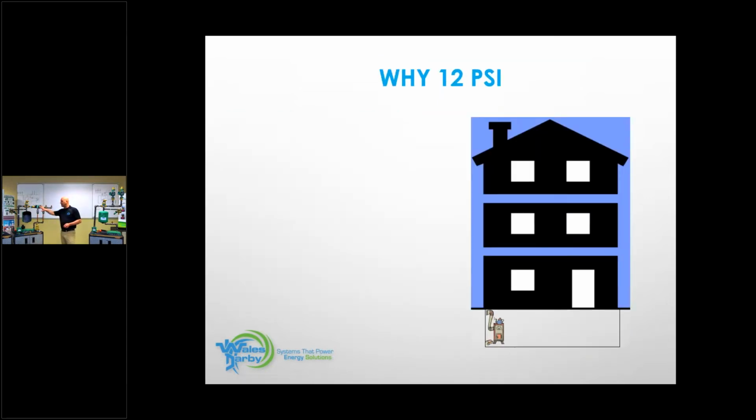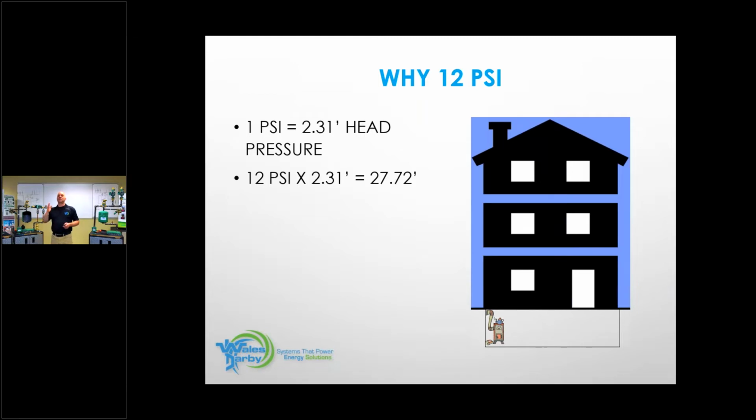So we buy these components, and I already said this should come out of the box at 12 PSI. Your feed valve, pressure reducing valve, comes out at 12 PSI. Why 12 PSI, right? That's always the question. So back to that, 1 PSI is equal to 2.31 feet of head pressure. So 12 PSI times 2.31 is 27.72.